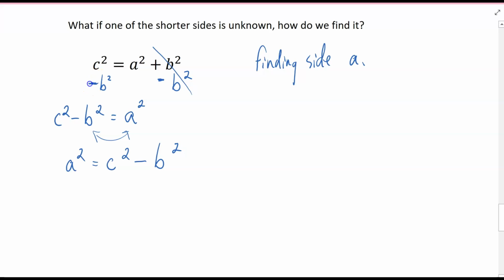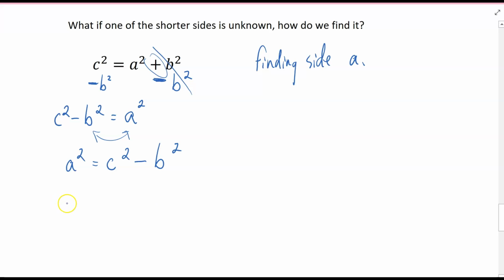Notice we had to subtract b squared on both sides, and so it is not added like it is in the original. If we were to add it, then a would come out to be longer, and it's not supposed to be longer. c has to be the longest side.